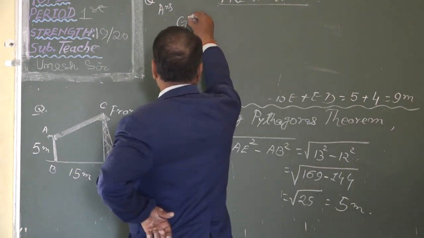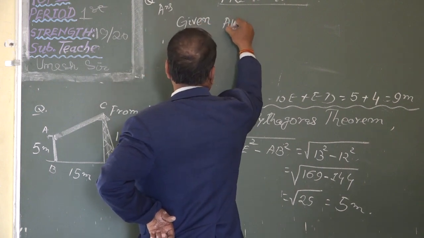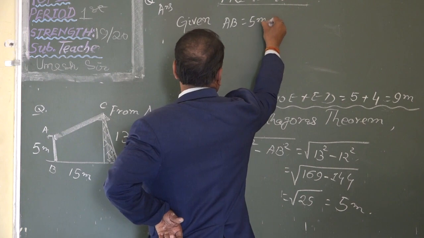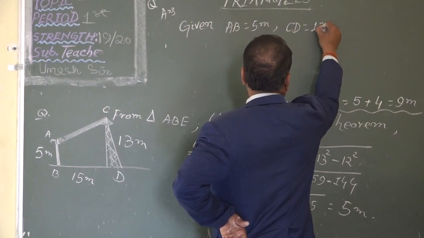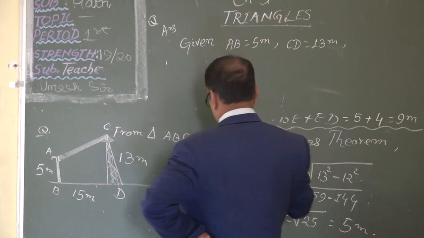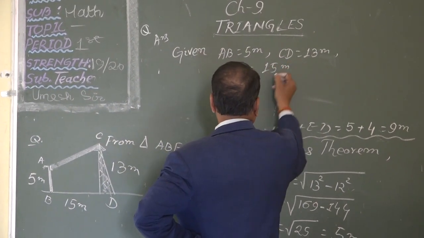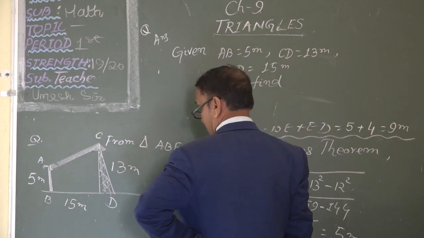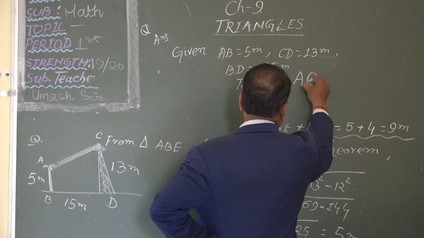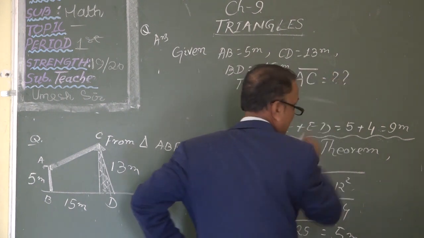So given AB is equal to 5 meter, CD is equal to 13 meter, BD is equal to 15 meter. To find AC का लेंथ कितना है वही हम निकालेंगे.